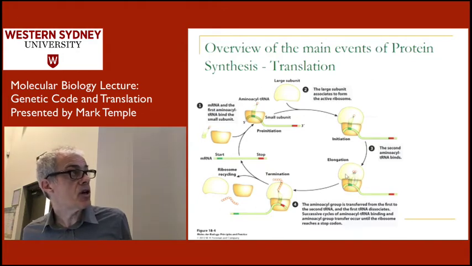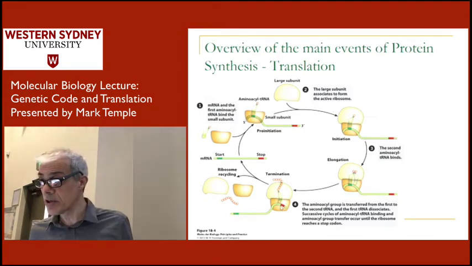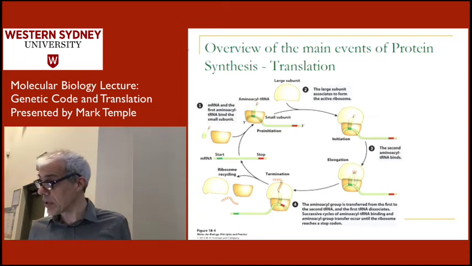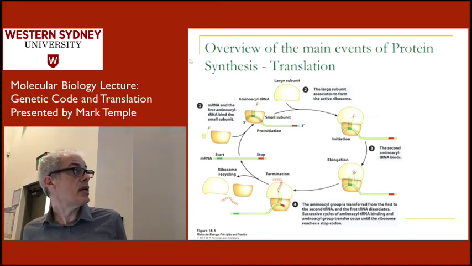And then the ribosome effectively clunks along the messenger RNA, and it works through until it comes to a termination sequence, which brings in not a transfer RNA, but this other thing which just adds water on the end, and the peptide leaves.